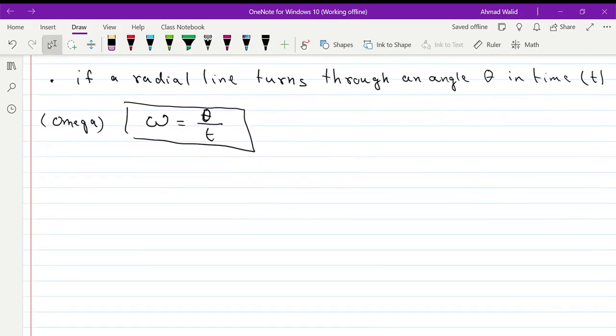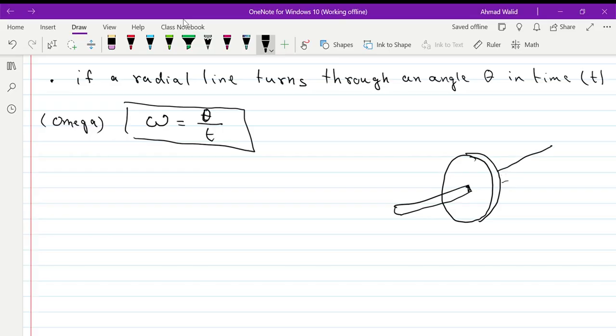And if I draw the same shape, again a wheel, again an axis, this time if I name this point P, rotating on the wheel, it travels from one point to another point.